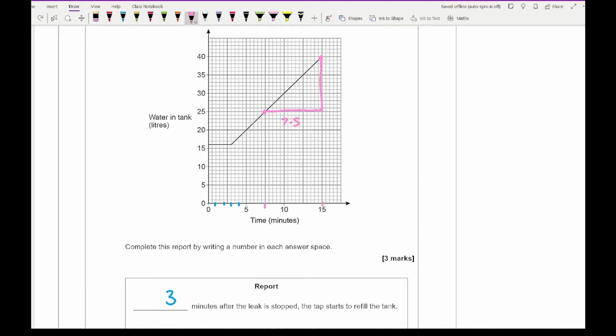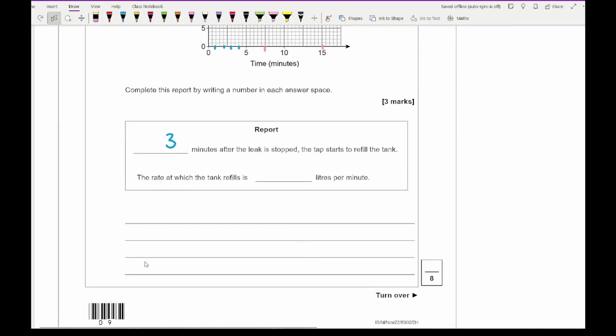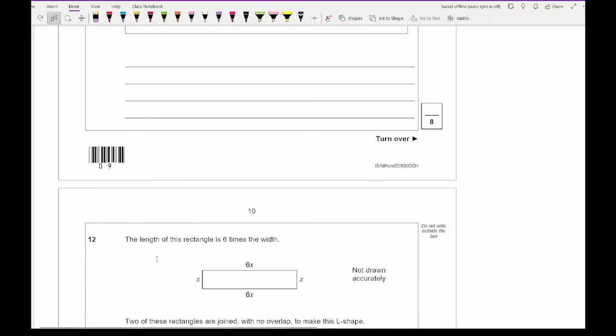And going up, it's going from 25 to 40, and that's 15. So then the rate is 15 litres over 7.5 minutes. And if I type in 15 divided by 7.5, I get an answer of 2. So I just need to write 2 litres per minute.